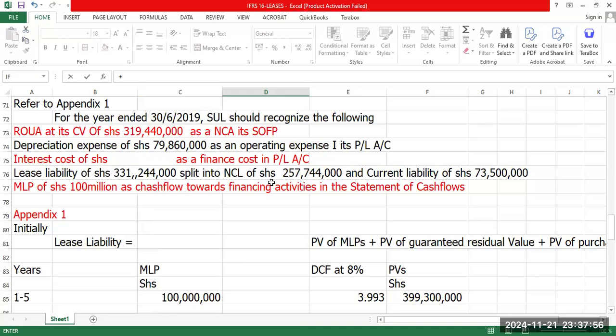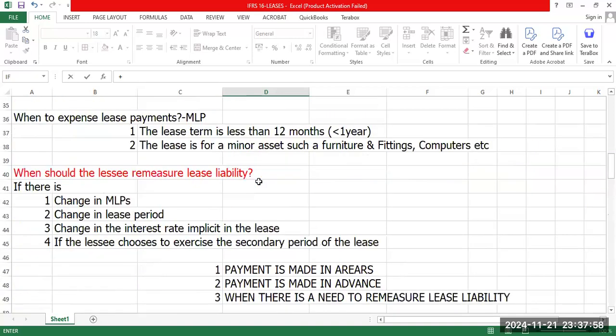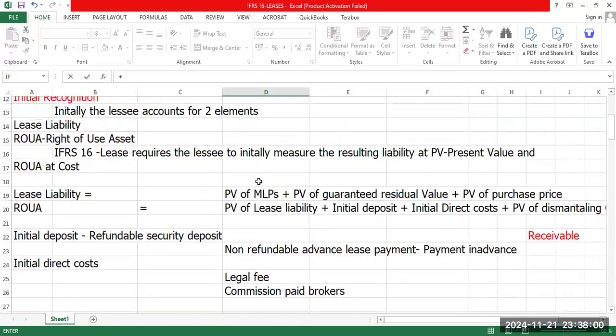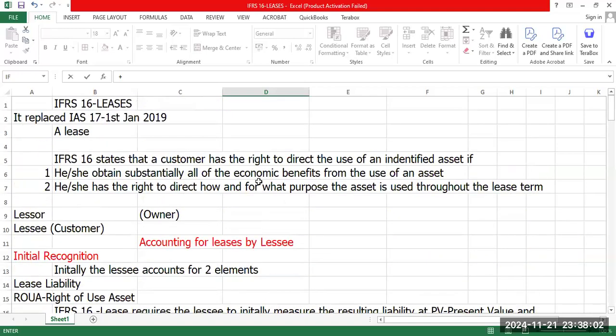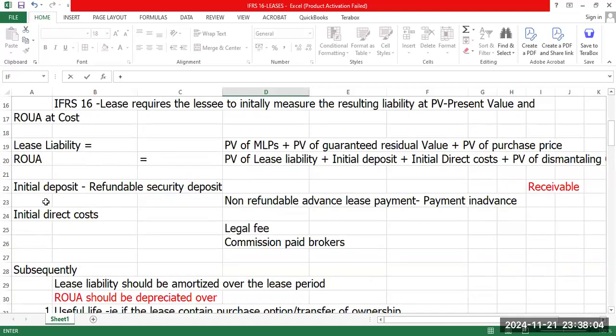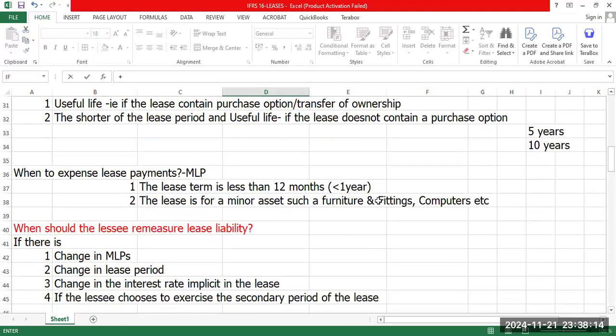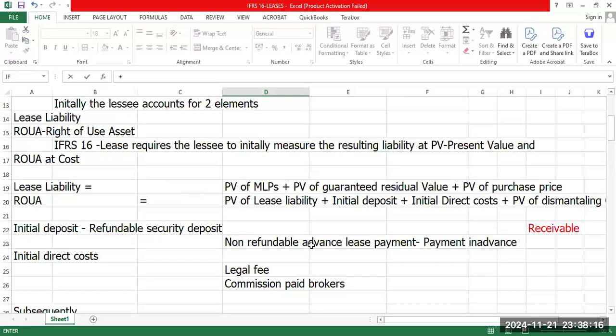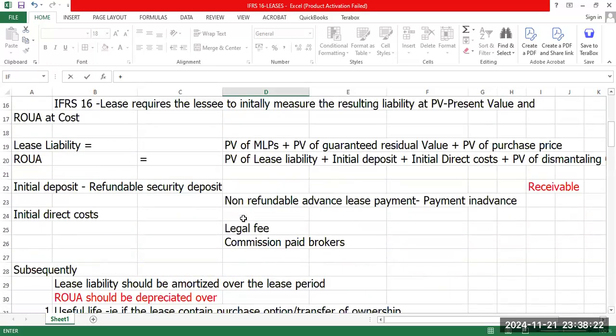Remember the way I defined the initial deposit. Do you recall? Non-refundable advance lease payments. So the person made payments in advance, in year 0. So that's the initial deposit.